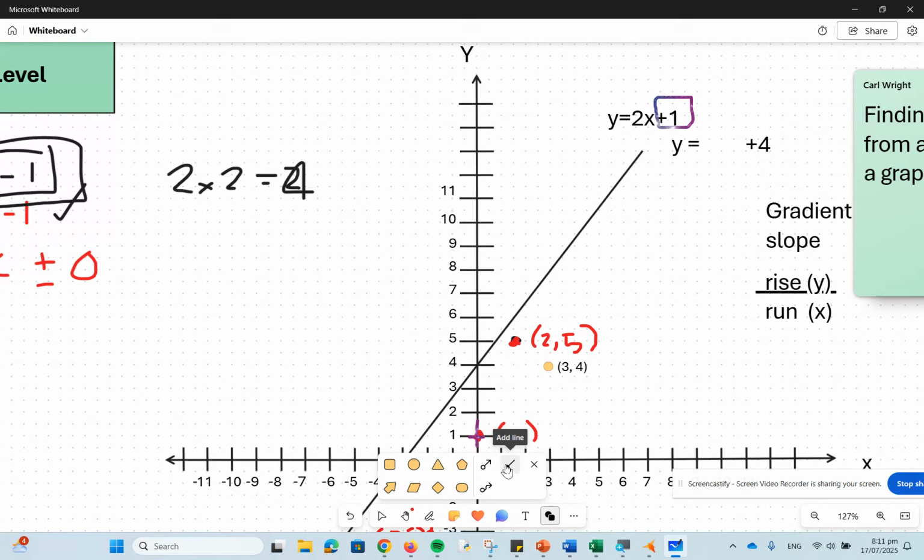It's easier with grid paper in reality to see this, but I'm going to try and see if I can do it. I really need grid paper, to be totally honest. It's way easier with grid paper.